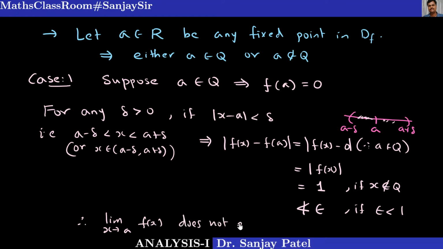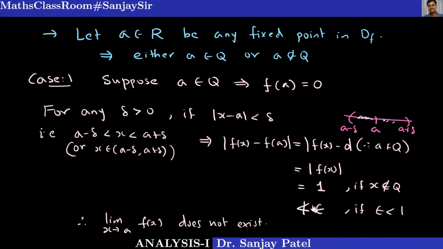The definition of limit says for every epsilon there must exist some delta, but what we are showing here is if you take a particular epsilon less than 1, then for any delta greater than 0, |x minus a| less than delta is true, but |f(x) minus f(a)| is not less than epsilon in all cases.